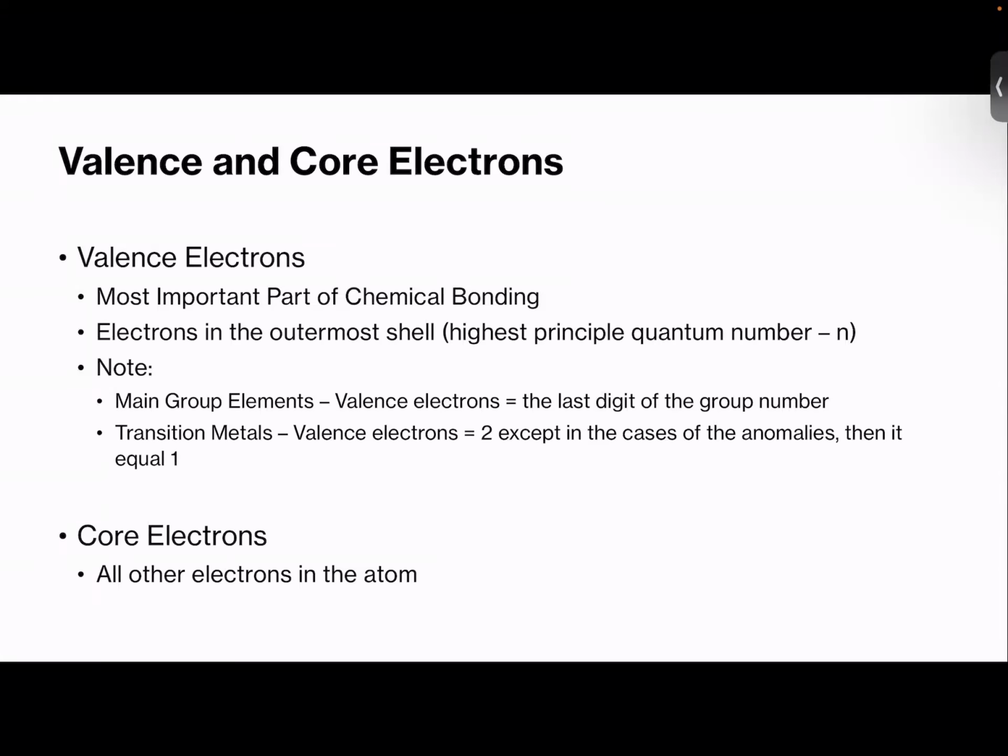They are the most important part to bonding. We are going to talk about those valence electrons a lot, because when we start building Lewis structures, we're going to build them with the valence electrons. The valence electrons are responsible for the bonds that the elements form.